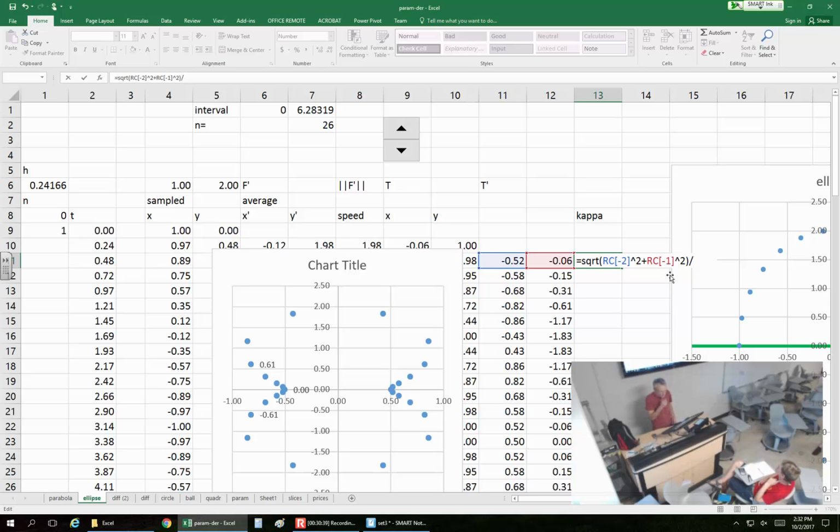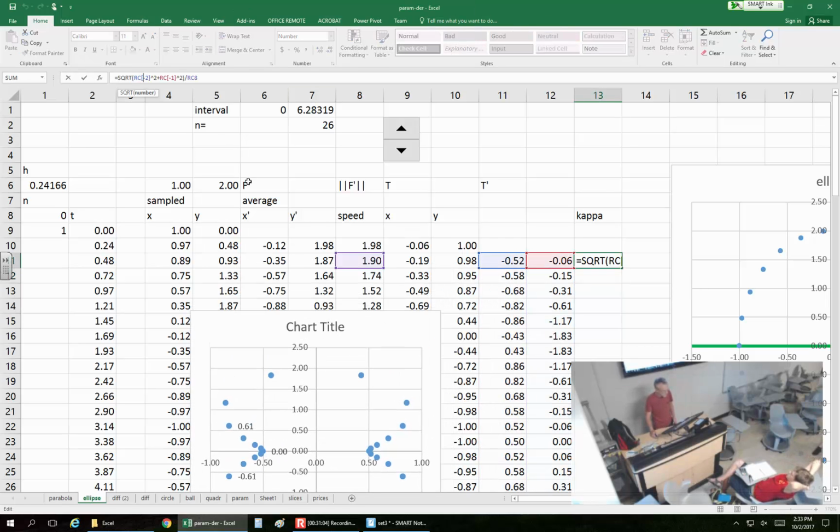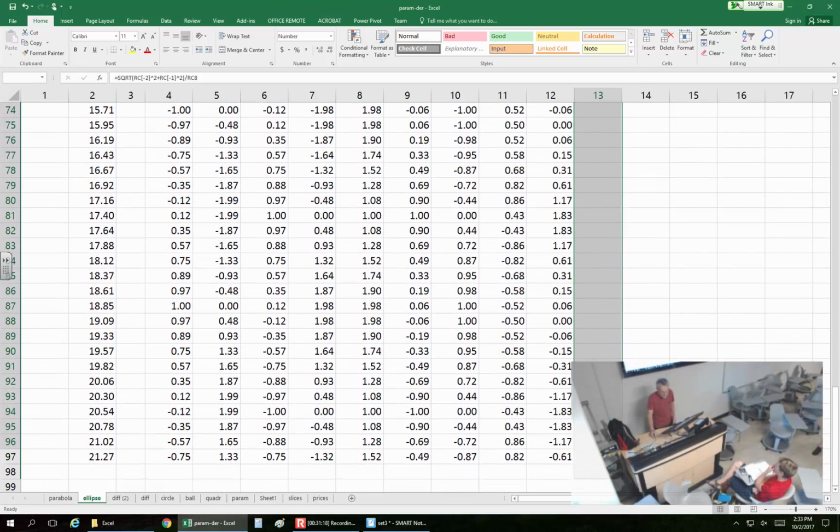It's in the same row, and column 8. Wrong place. Column 8. Okay, you can see it, it's there. So we can just click. Let's confirm. Once again, the two squares of the components of T prime, divided by the speed. So this is the kappa, the curvature.